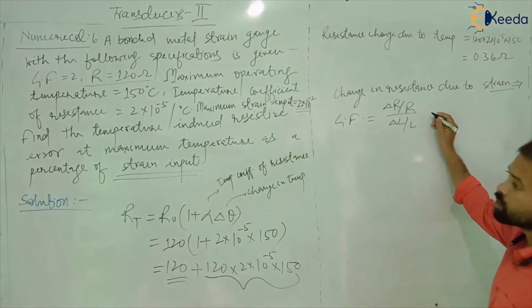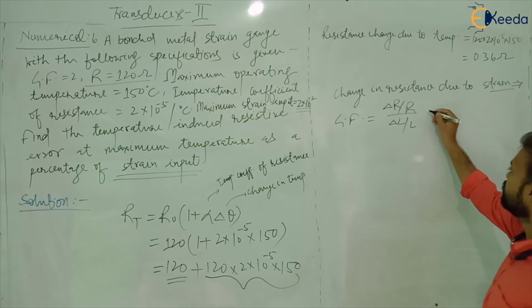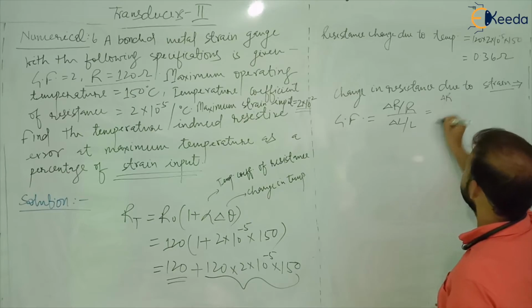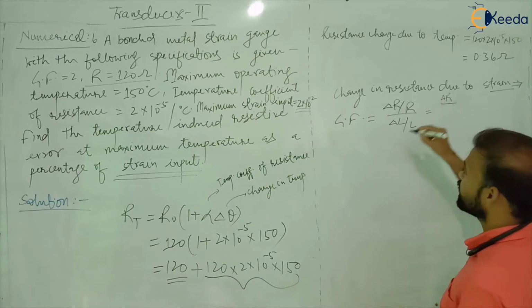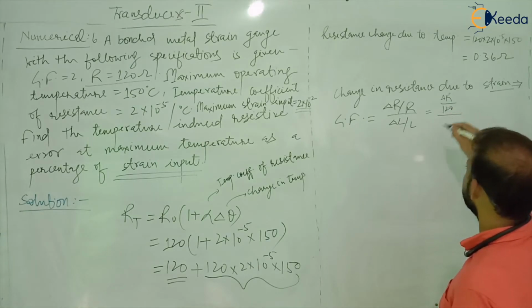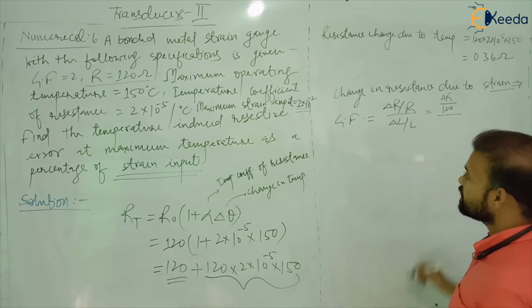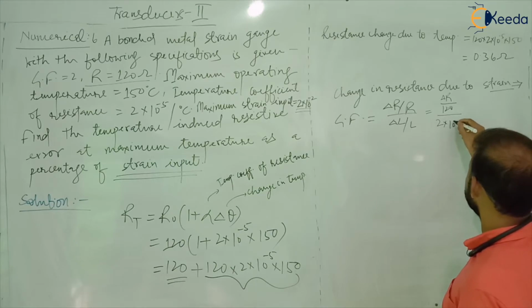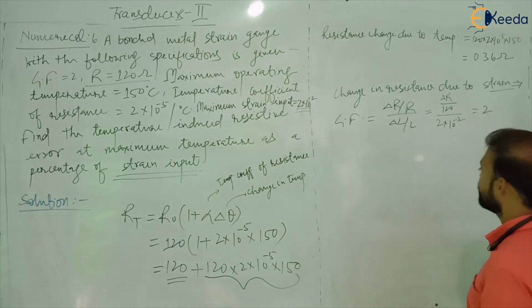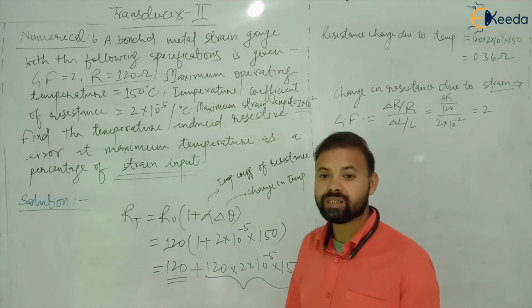Gauge factor is also given. Gauge factor is equal to 2. Delta R we need to calculate here. Delta R divided by R, R is 120, divided by strain, 2 into 10 to the power minus 2, and whole is equal to 2. Gauge factor is given as 2.